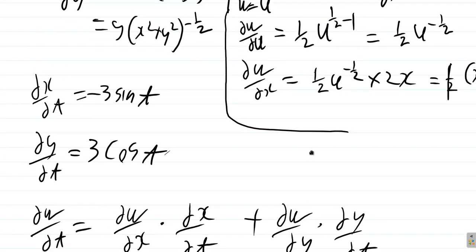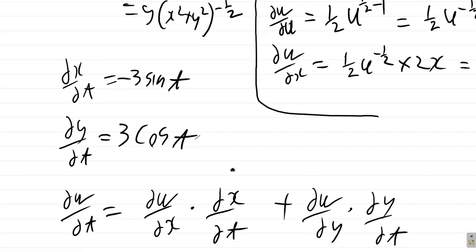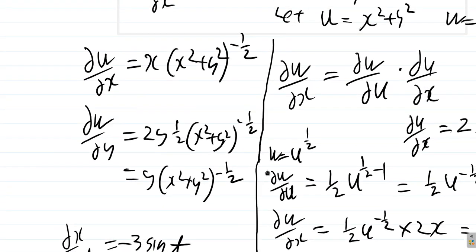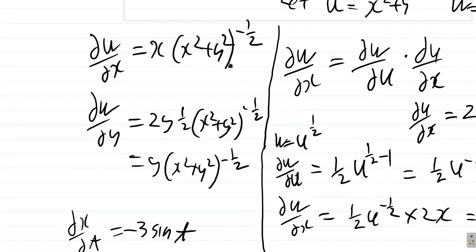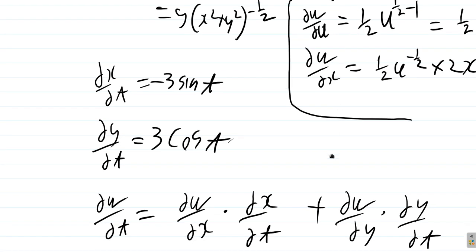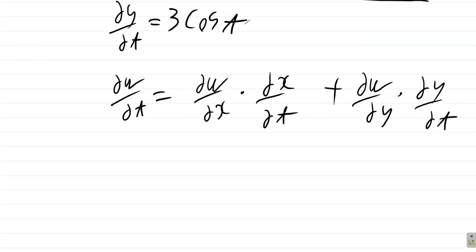Now, what were these things again? Partial w by partial x was, now let's write this without the raised to the power. Now here you have x times something.